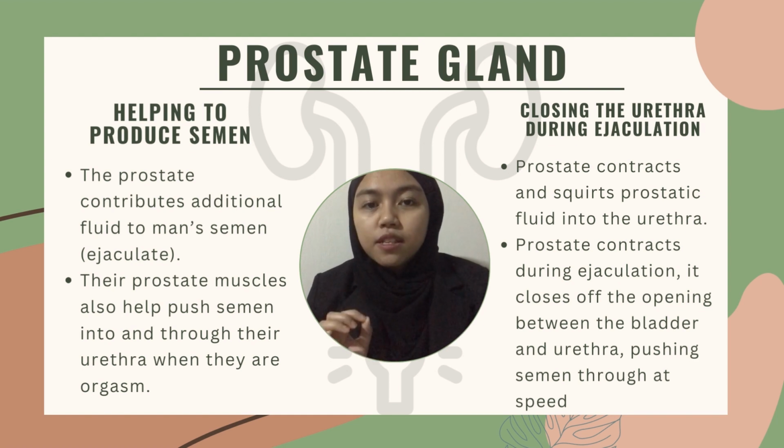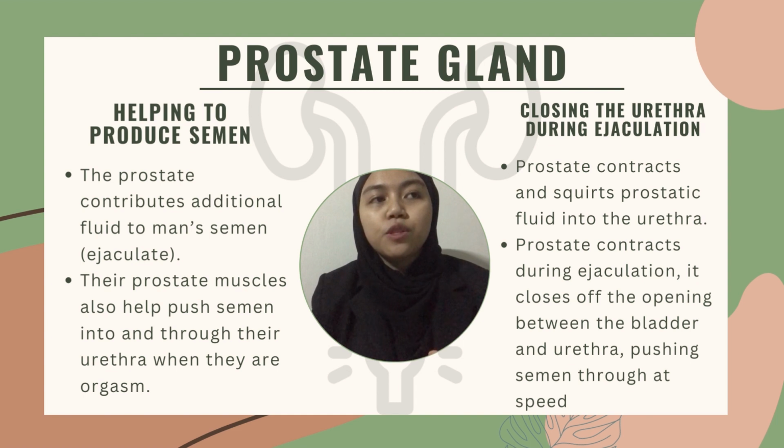The fluid contains enzymes, zinc, and citric acid, which help to nourish the sperm cells and lubricate the urethra. The urethra is a tube where both ejaculate and pee flow out of the body. The prostate muscles also help to push semen into and through the urethra when they orgasm.